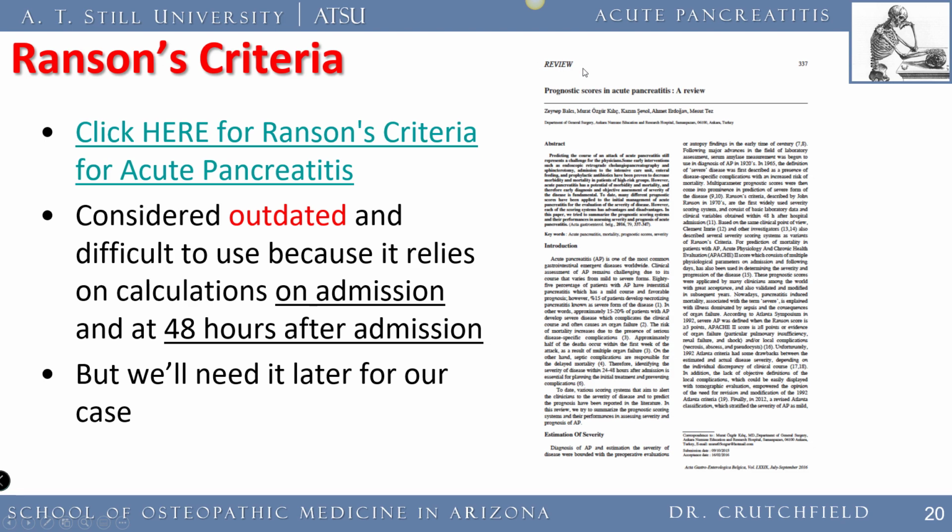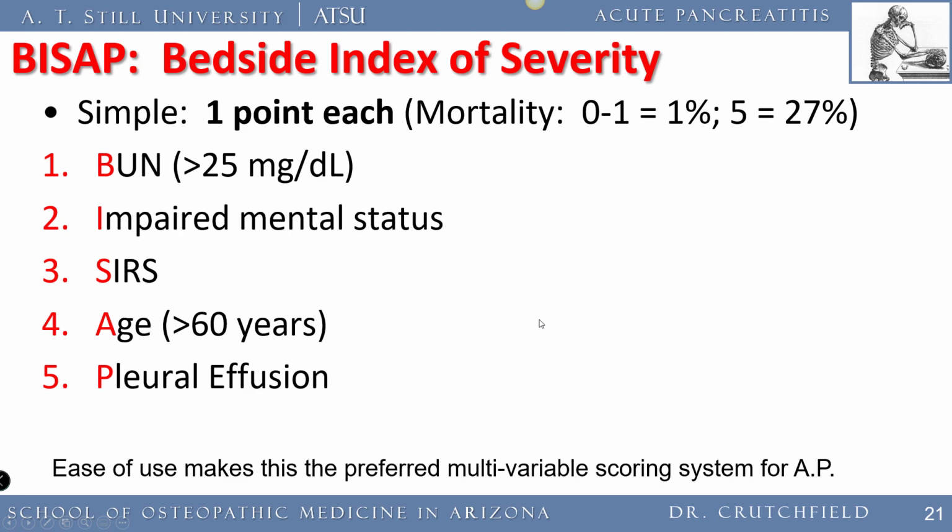So here is a review article of the prognostic scores in acute pancreatitis, and I think this is a 2015 paper. It's relatively current. So another staging system that we use for acute pancreatitis is called the BISAP, Bedside Index of Severity in Acute Pancreatitis. It's pretty simple.